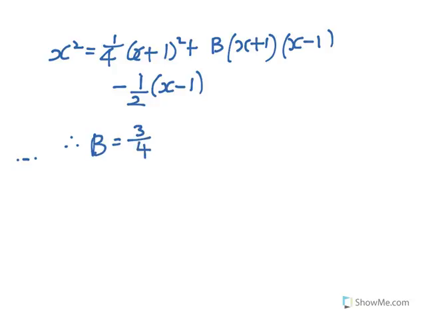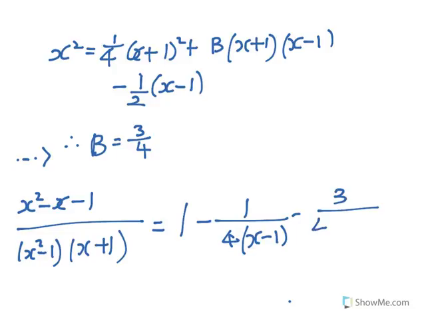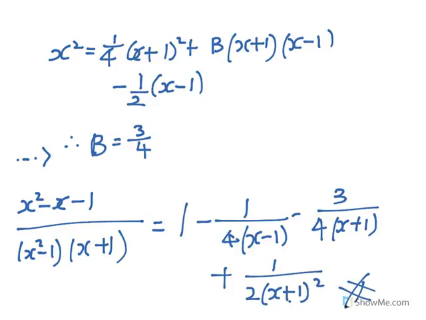I'll leave the working to you. Eventually the answer in partial fractions is 1, remember this was the quotient just now, plus 1 over 4 times x minus 1, plus 3 over 4 times x plus 1, minus 1 over 2 times x plus 1 squared.